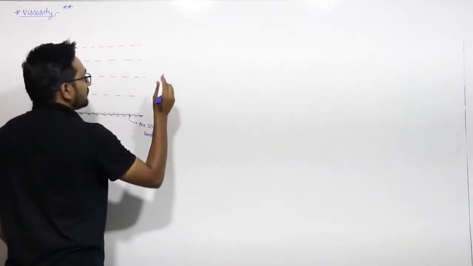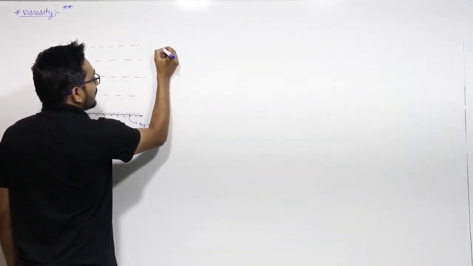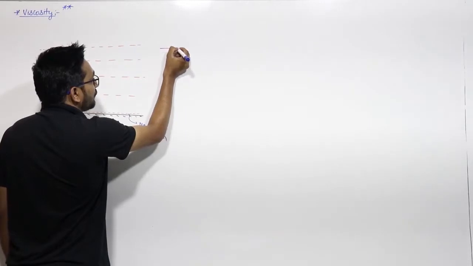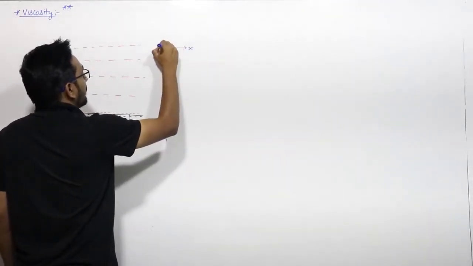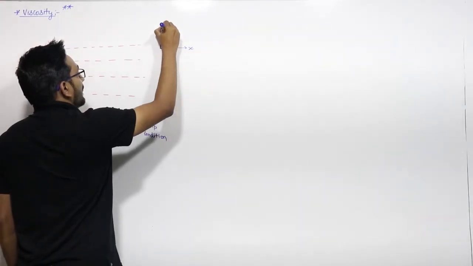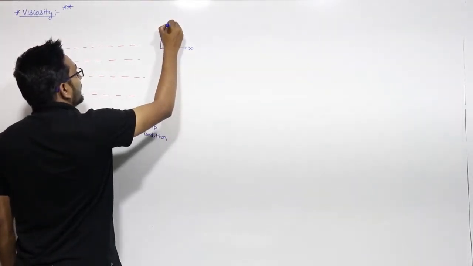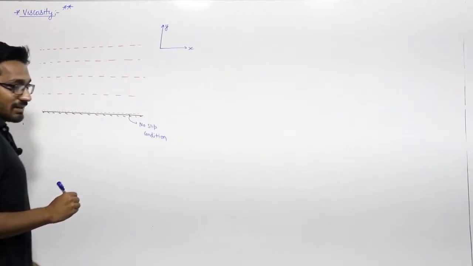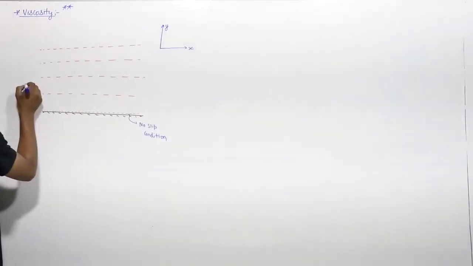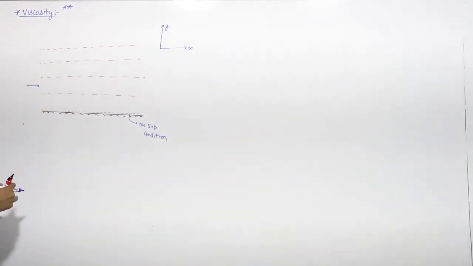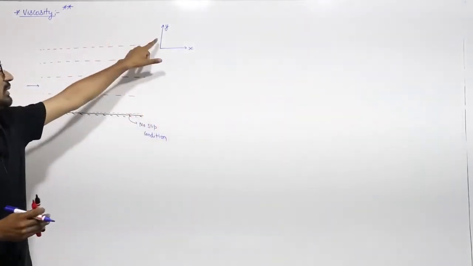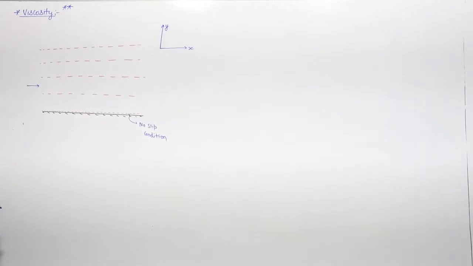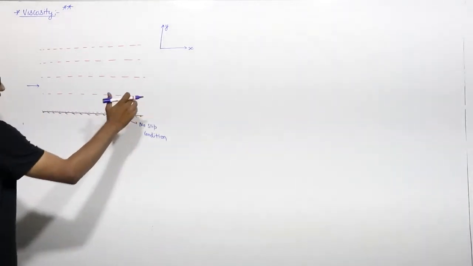We take the direction of flow as the x direction, and the direction perpendicular to the flow as the y direction. The fluid is flowing in this direction, so the direction of flow is x and perpendicular to it is y.